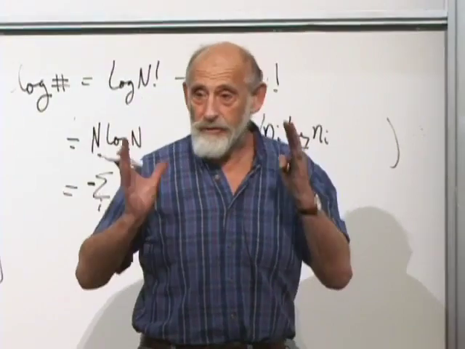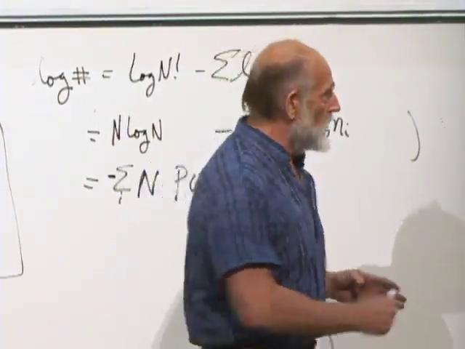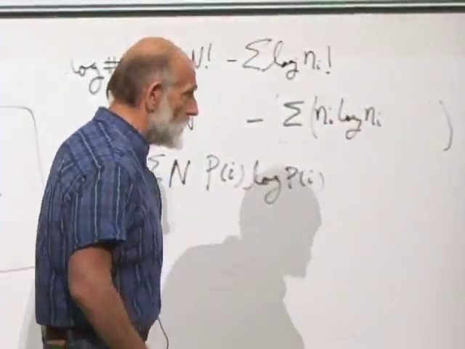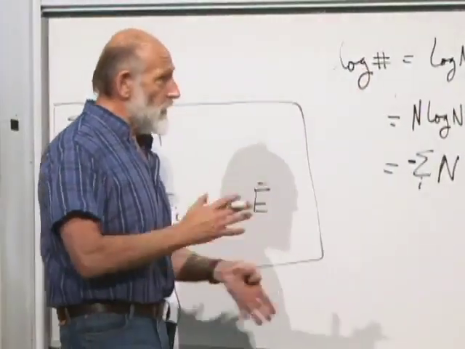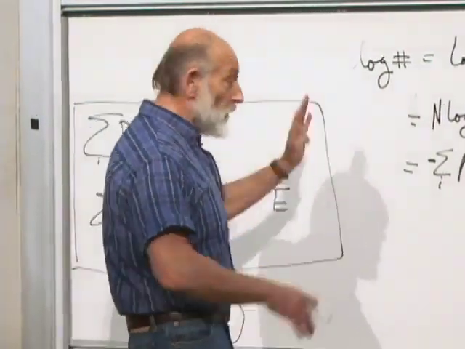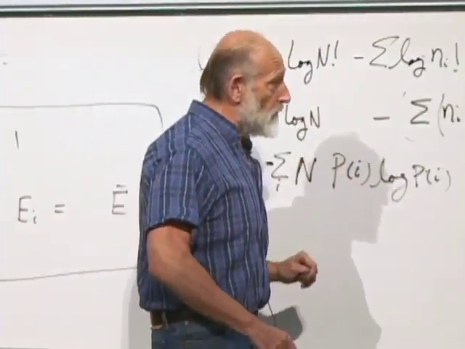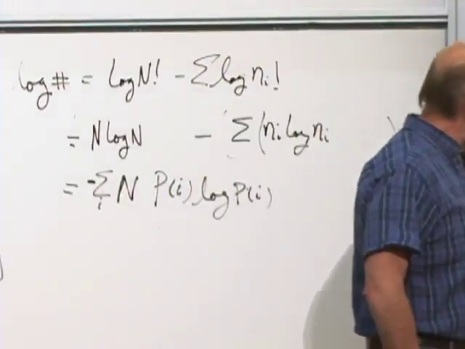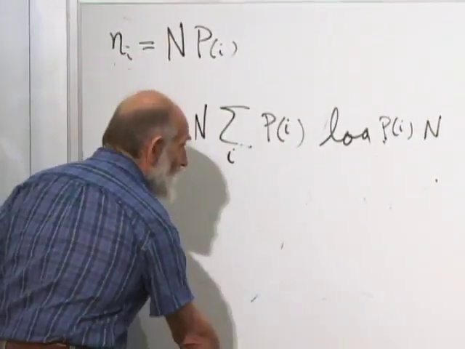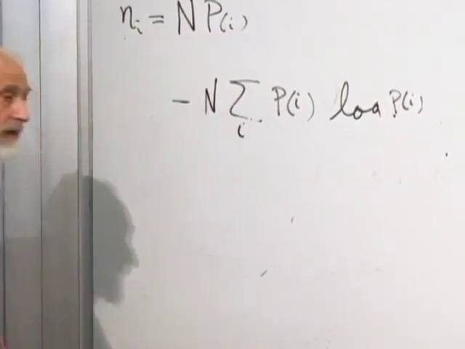But let's take our mathematical problem now. Our mathematical problem, first of all, has a minus sign in it from here. We're given the logarithm of the number of ways of rearranging things to get a given set of occupation numbers, which is just minus n times the sum over i of p of i log p sub i. That's it.